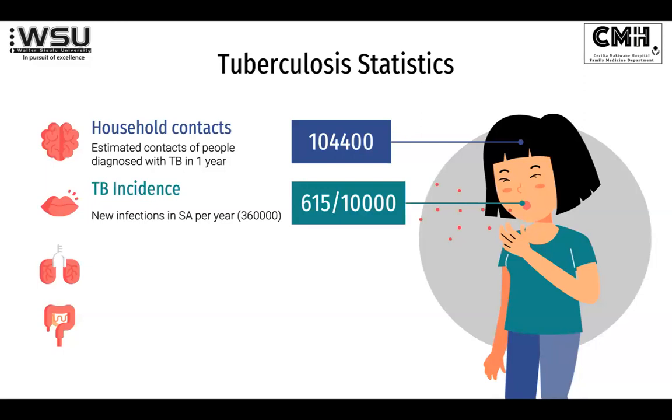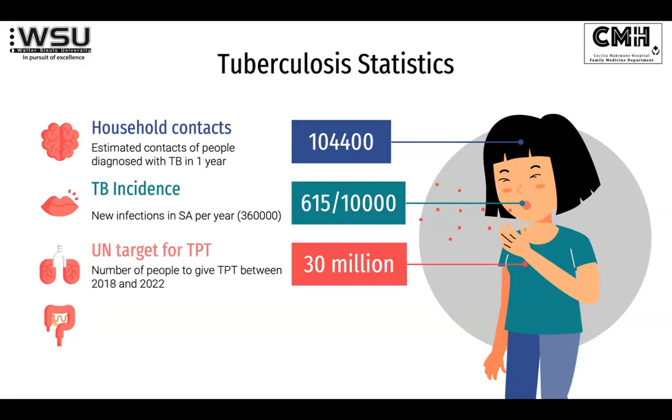On our last TB stats from 2019-2020, roughly 350,000 to 360,000 people every year get diagnosed with TB in South Africa, and that 615 per 100,000 is a very high incidence. So if you look at the number of households, the number of people that can potentially be called a contact is just over 100,000.